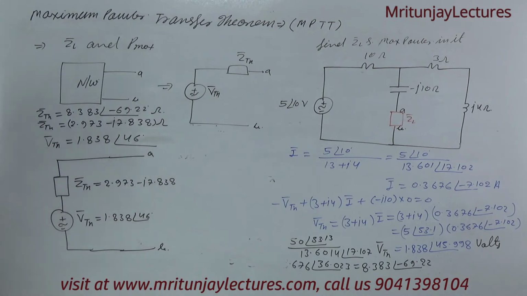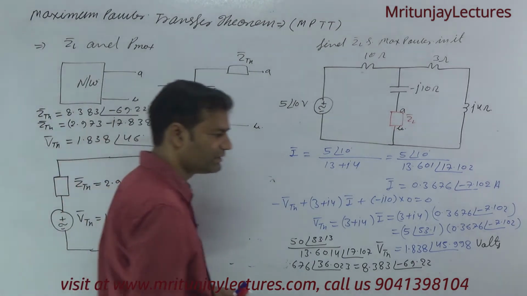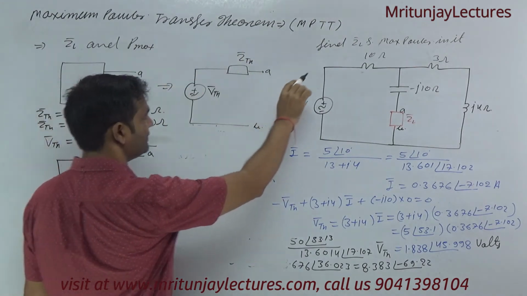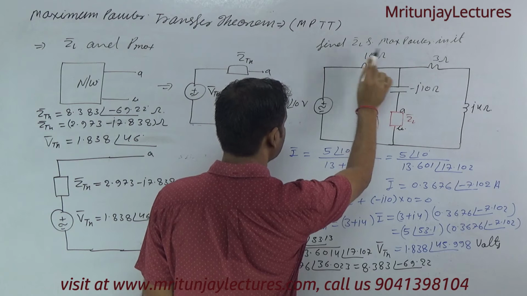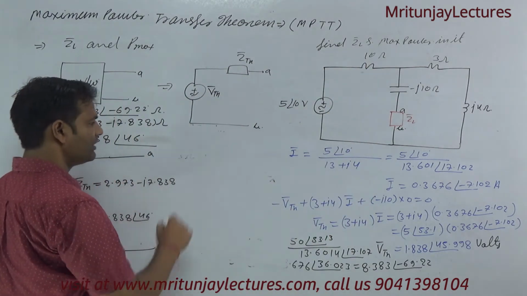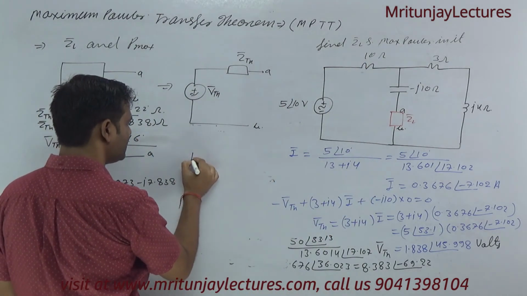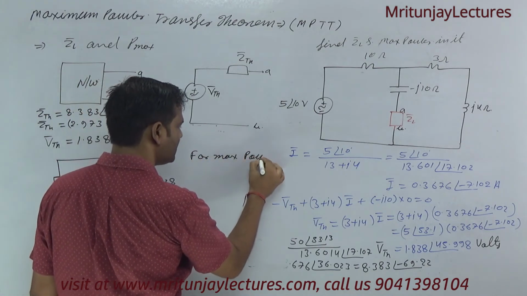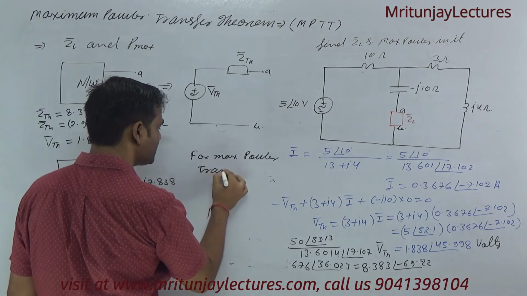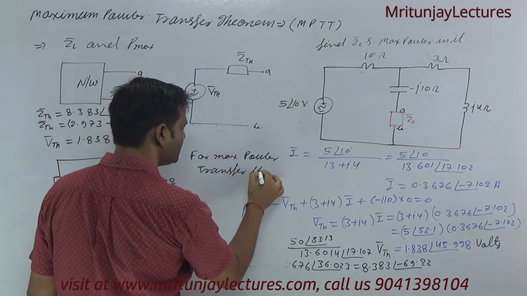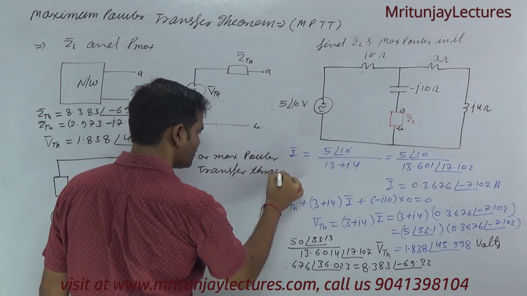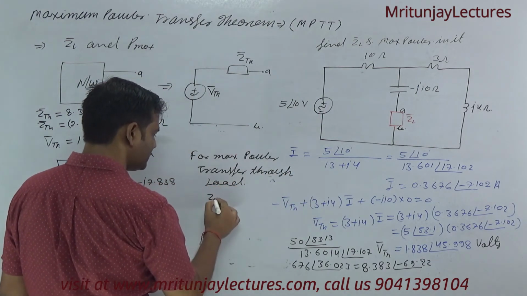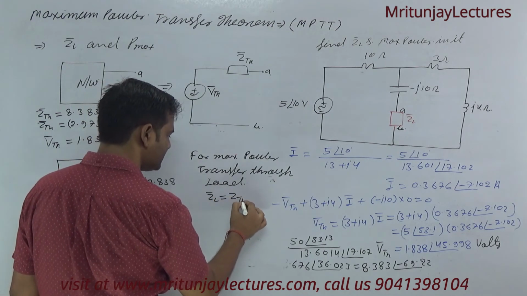Clear? Now, as I have already said, according to maximum power transfer, we must determine ZL. For maximum power transfer through the load, ZL is equal to ZTH conjugate.